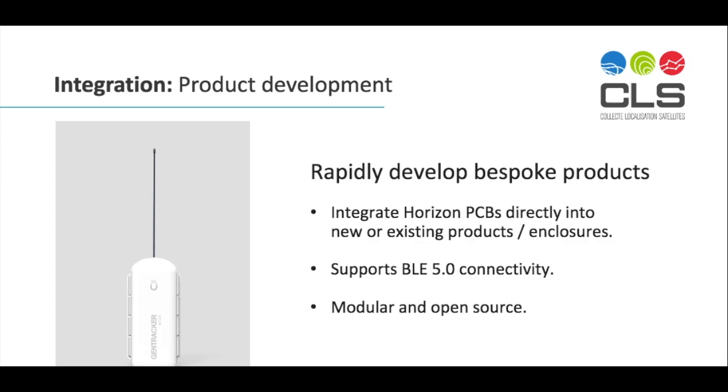And of course, a nice simple step here is your own product development. We're working on a product for CLS, and this will be a generic tracker, and a tracker that really makes it more accessible for people to get access to Kinéis and get access to a device which gives you all the functionality you would want, but reduces the cost and entry points.